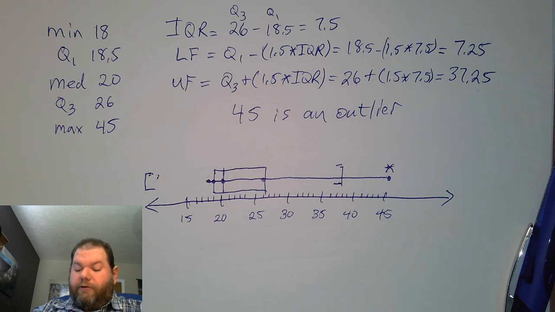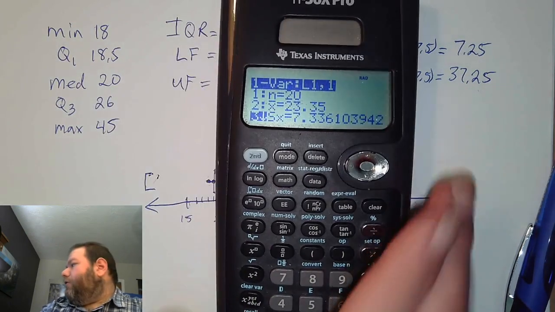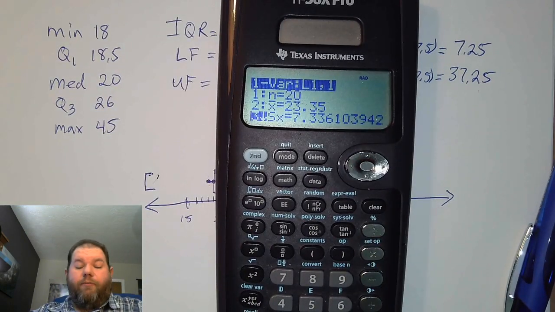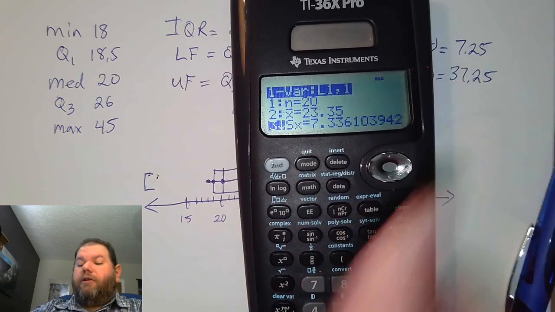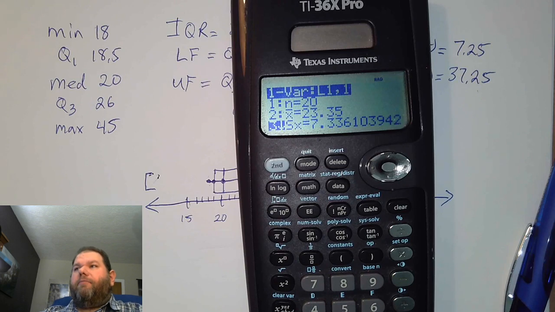Going back to our statistics, we had a standard deviation that we calculated of about 7.3, and our range was 27, and that divided by 4 was 6.75.